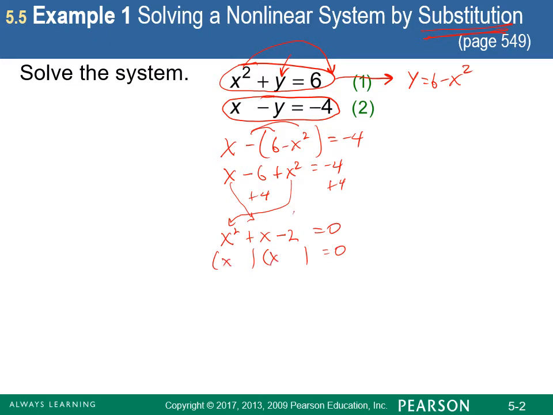Two things that multiply to give a 2 and subtract to give 1 would be 2 and 1. Opposite signs, positive on the larger. Set each of those equal to 0 and finish solving.